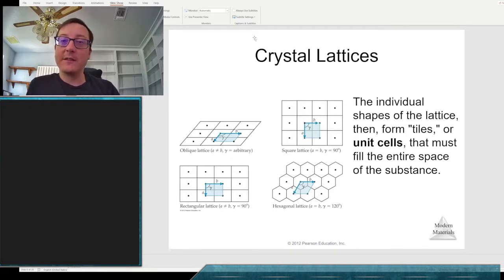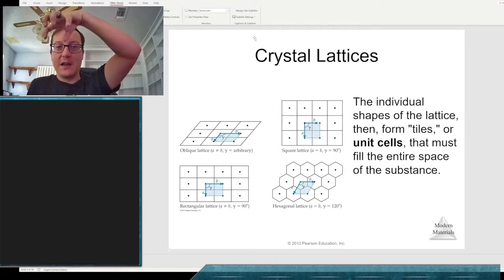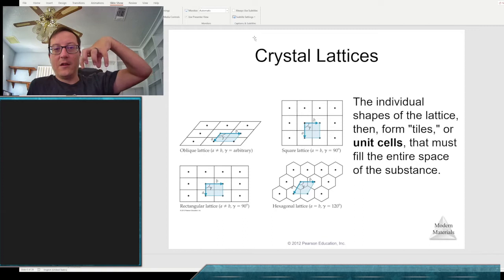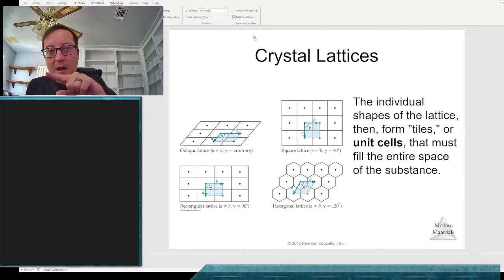So unit cells, again, if we want to think about this in the most basic terms, would be something like your positive, negative, positive, negative, positive, negative, positive, negative, where that's 3 dimensions. So maybe I've got 4 atoms on the bottom, 4 atoms on the top, and again, they're opposite positive and negatives. That might be a unit cell. It's the smallest kind of thing we can look at that's a repeating structure within our lattice.